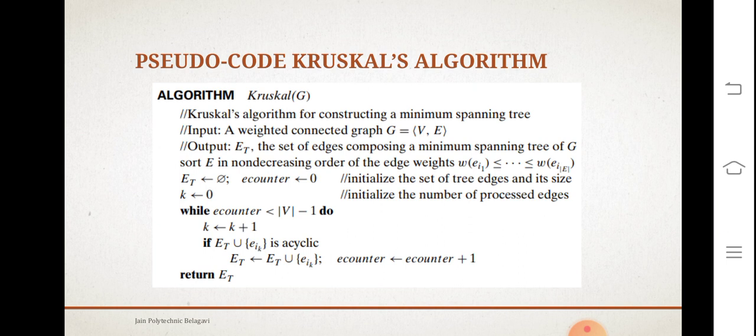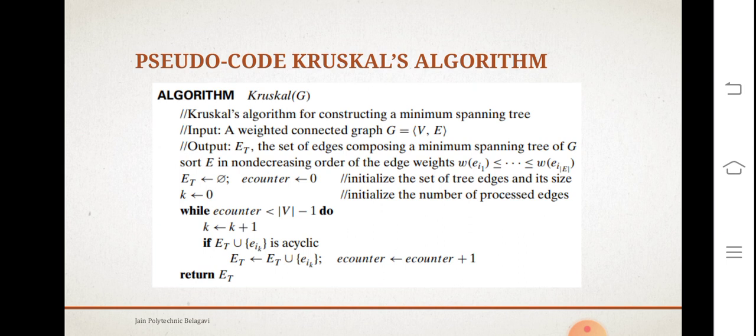Then we initialize the variables ET, ecounter and k to 0, and ET is initialized to null, that indicates initializing the set of tree edges and its size, and k is the number of processed edges. So initially the set of minimum spanning tree ET is null.